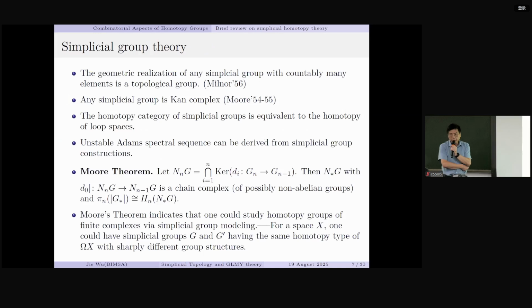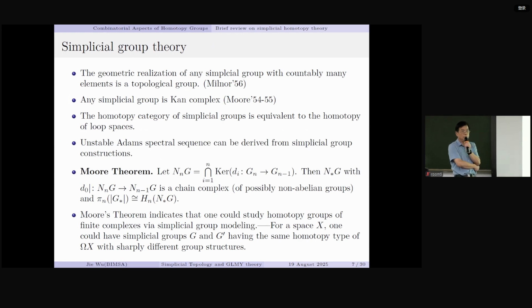And now another interesting thing is that you may wonder whether you can produce the homotopy groups as what we produce for homology groups. In other words, whether you can construct a chain complex whose homology is just given by the homotopy groups. If you use the notion of simplicial group, it will work. And this was done in 1950 by John Moore's theorem. So for any simplicial group, you can produce the so-called Moore chain complex.